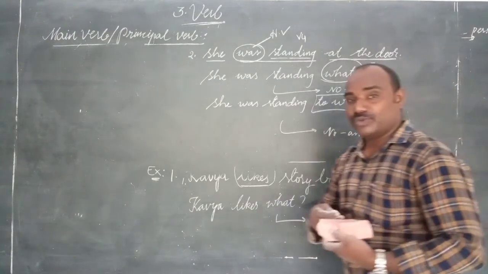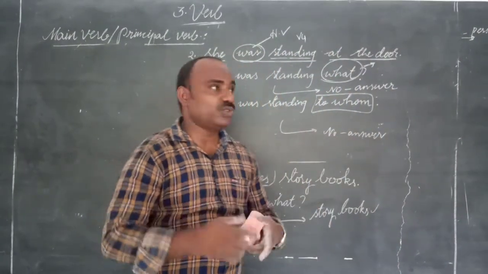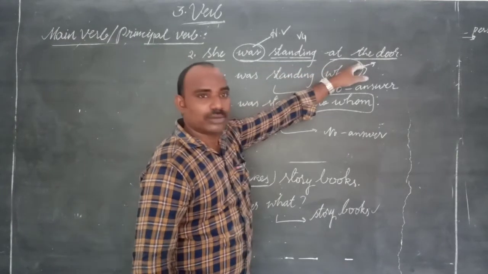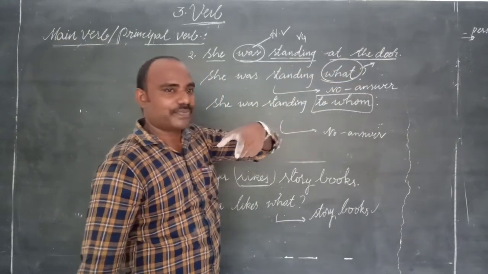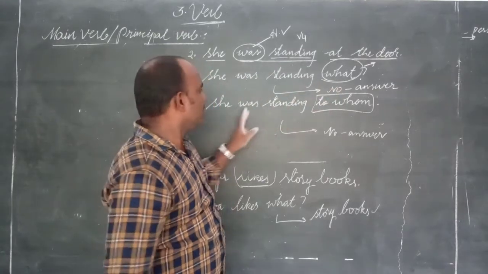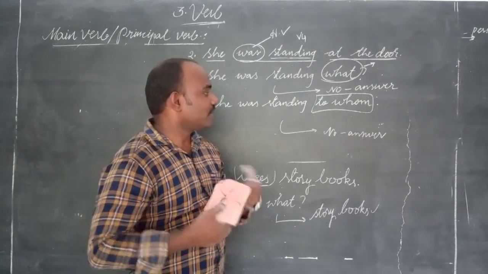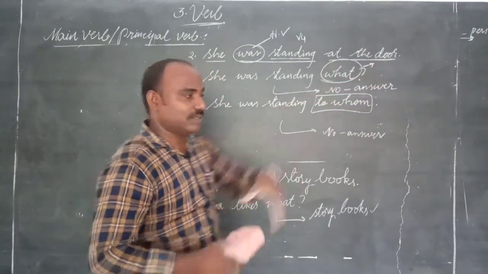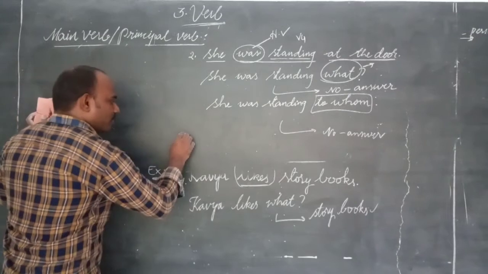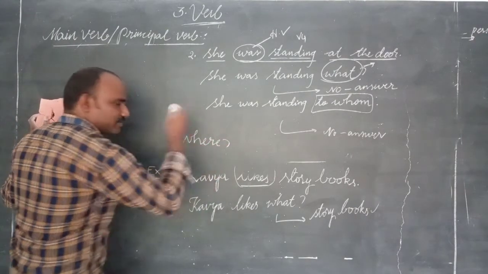But when can we have an answer? What question word should we use to get the answer at the door? Do you remember? She was standing what? No answer. She was standing to whom? No answer. But when can we have the correct answer? At the door. We should question with where.